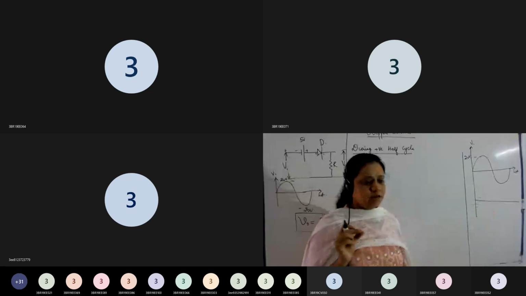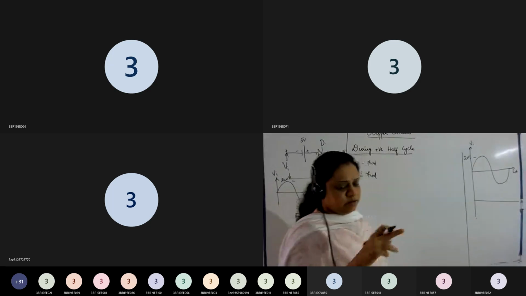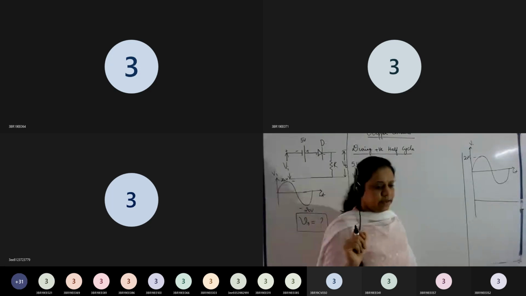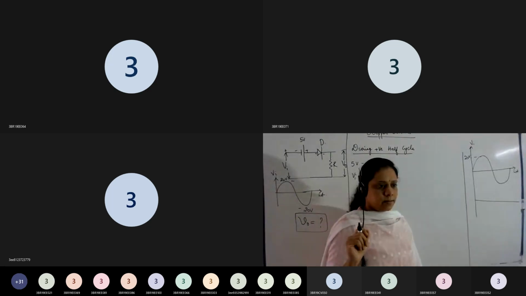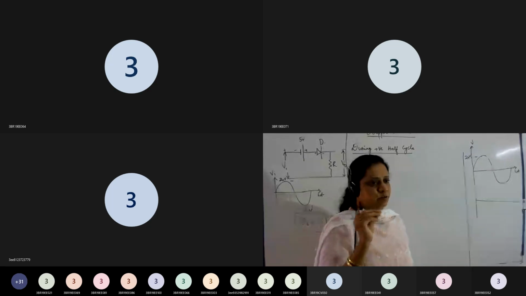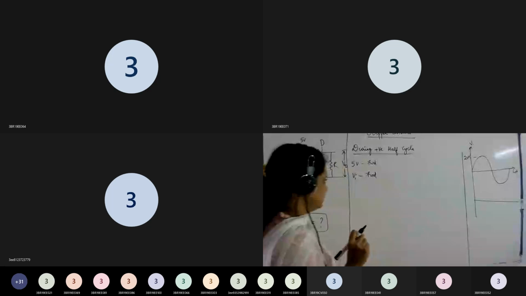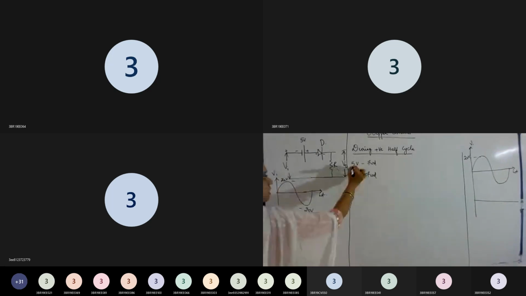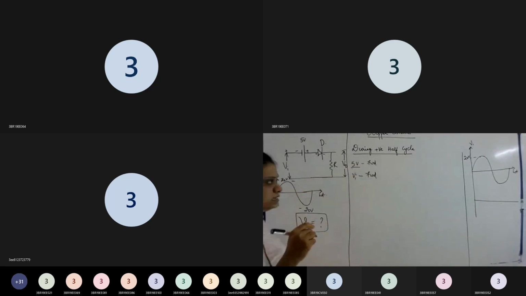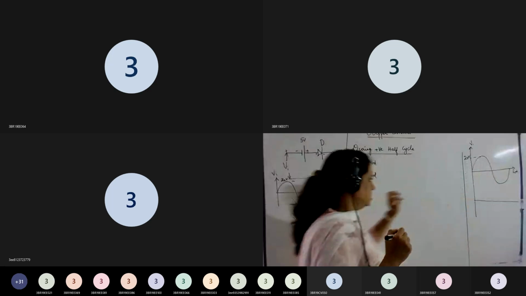In the previous problem we have written V in the positive half cycle, correct? Because there was a dilemma which effect should be considered, whether V or VI. Similarly here, we have to decide whether the 5 volt line should be taken in the positive half cycle or in the negative half cycle.